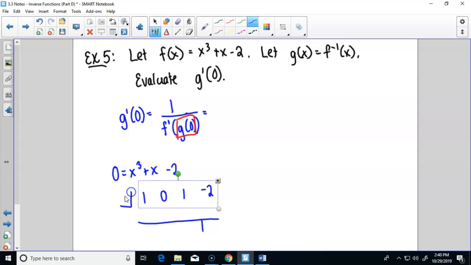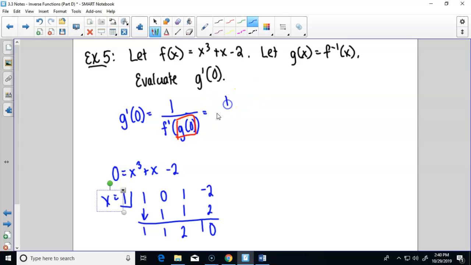So if we bring down 1, 1 times 1 is 1. 1 times 1 is 1. It's 2. 2 here and 0 for that. So X equals 1 is our G of 0.